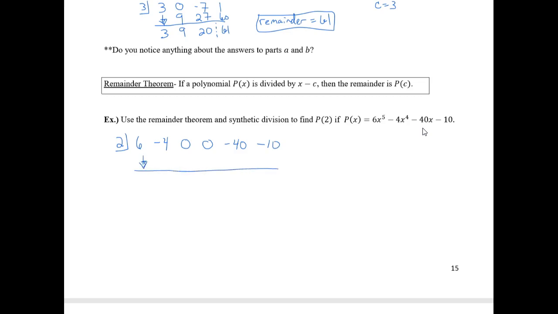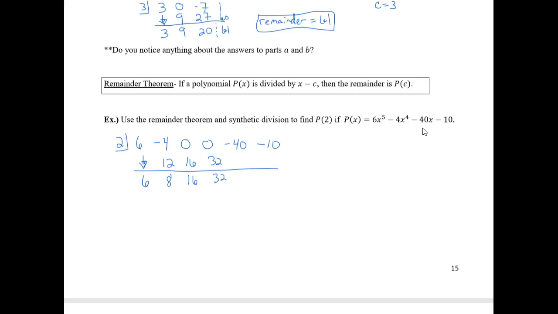I bring my first coefficient down. Multiply. 2 times 6 is 12. Add. 12 plus a negative 4 is 8. Multiply. 2 times 8 is 16. Add. 0 plus 16 is 16. Multiply. 2 times 16 is 32. Add. 0 plus 32 is 32.